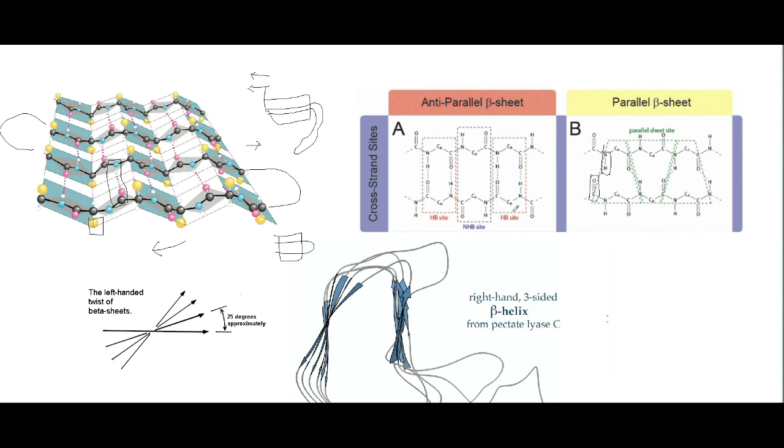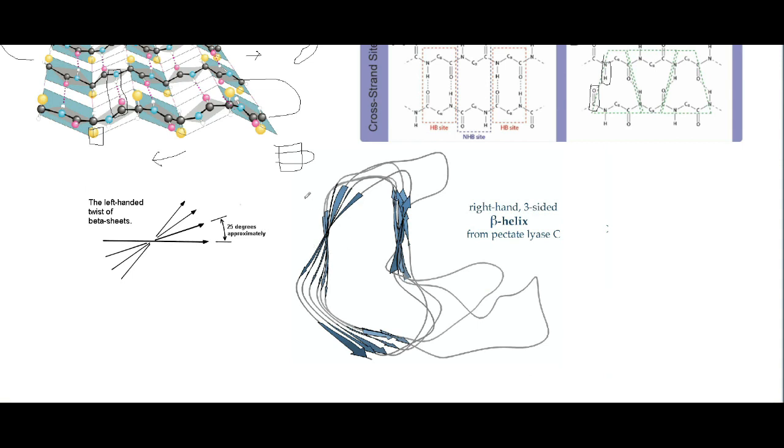And so this is a representation that makes it look nice and flat, but what we actually find in nature is that each of these is going to be slightly offset by about 25 degrees from each other. And so we get this left-handed twist on our beta sheets. And you can see that in this structure here. Beta sheets are always shown with this arrow, the arrow showing the directionality of it.